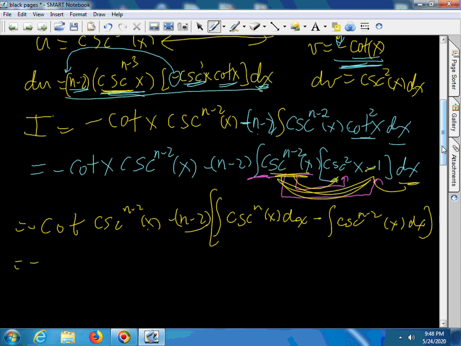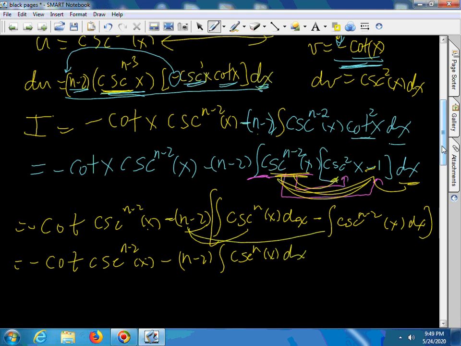So this is negative cotangent csc^(n minus 2) of x minus n minus 2 times the integral, n minus 2 times the integral, and negative times another negative will be positive.